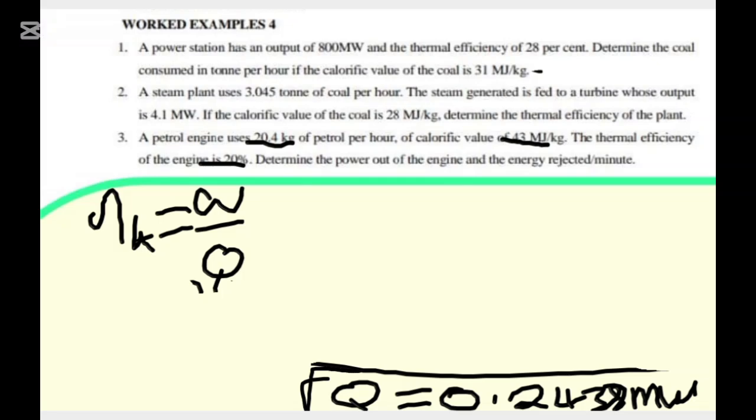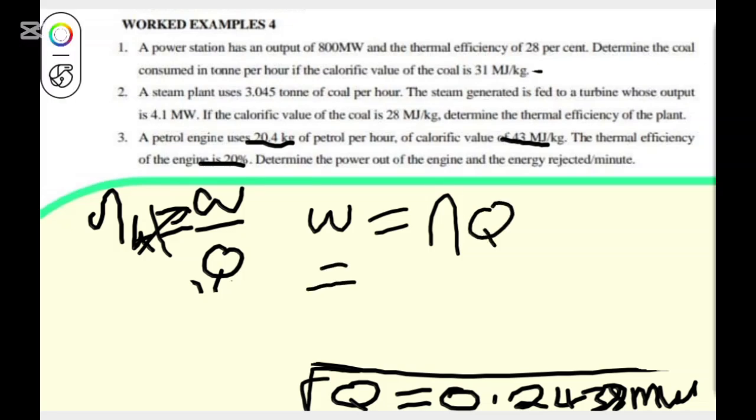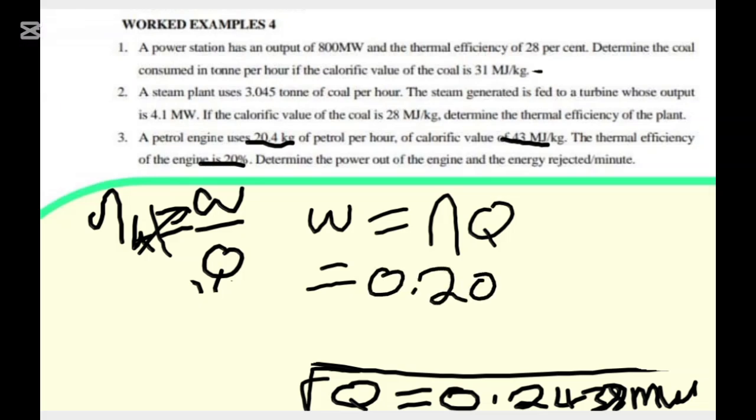The next thing to do is the power output. You have to take note that for the power output, from this I have to cross multiply. If I cross multiply, the output should now be equal to the thermal efficiency multiplied by Q. The thermal efficiency, which is 20, I have to convert, so it will now be 0.20 multiplied by Q, the answer that I got, 0.2438.